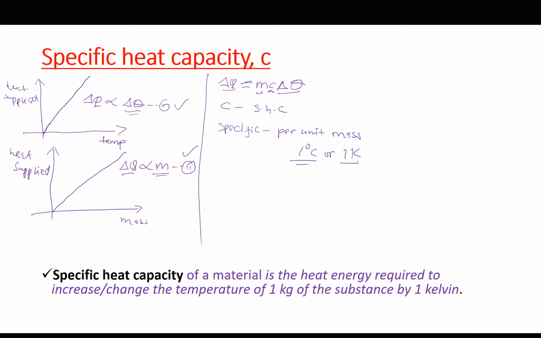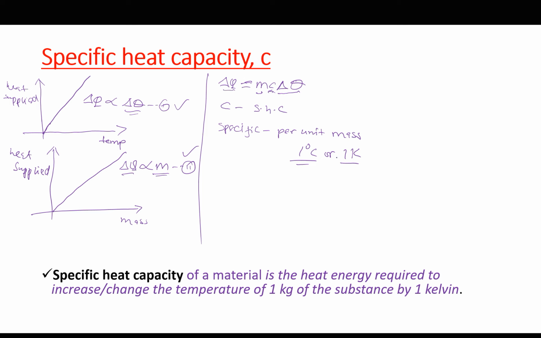That amount of heat required to raise the temperature, because we have seen that as long as there is no change of state, there is a change in temperature. So the amount of heat required to raise the temperature of a substance by 1 degree Celsius or by 1 Kelvin is called the heat capacity.